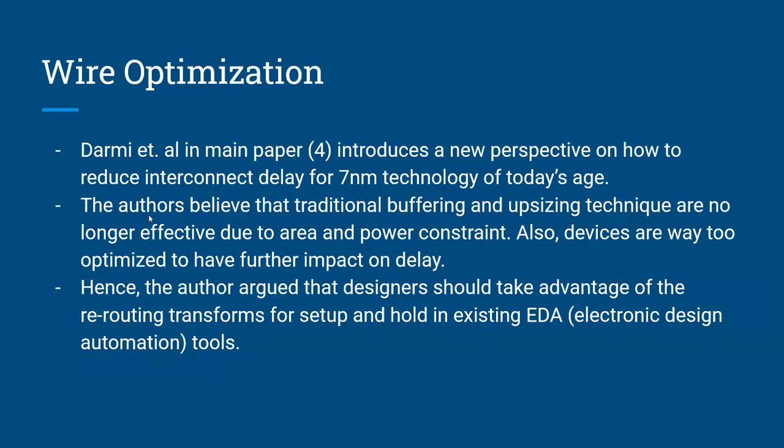The authors believe that in this technology, traditional buffering and upsizing techniques are no longer effective due to area and power constraints. Also, devices are way too optimized to have further impact on delay. Hence, the author argues that designers should take advantage of the rerouting transform for setup and hold in existing EDA tools.